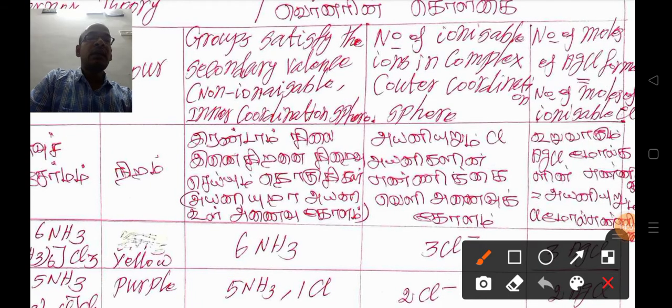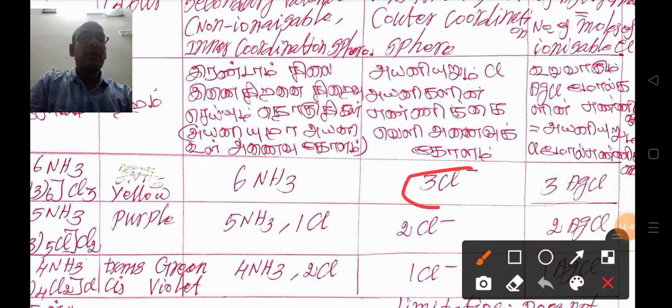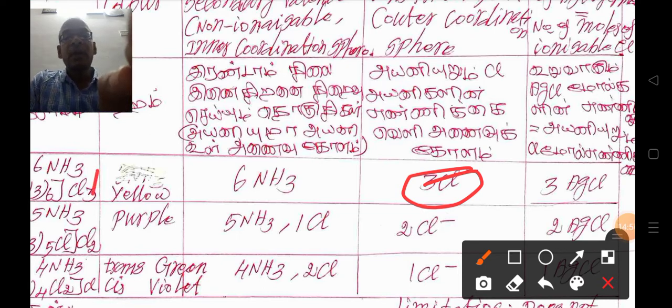The number of ionizable ions in the complex, that is the outer coordination sphere, indicates the simple ions. Therefore, 3 Cl ions are outside of the sphere, therefore put outside of the square bracket, that is simple ions.